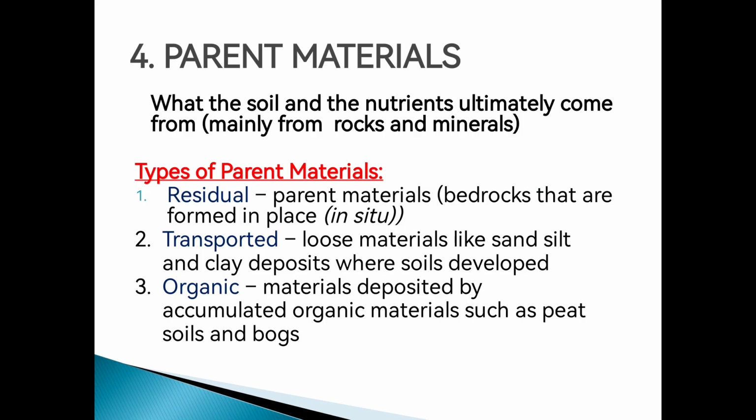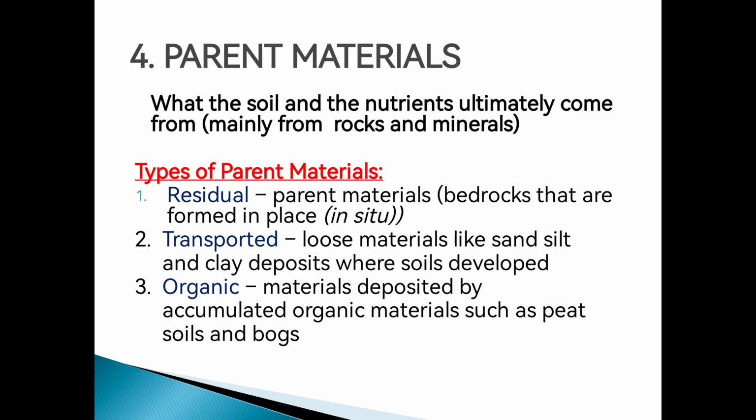So this is a very, very interesting part. Since malaki nga siya, it's a very big topic, hinati ko siya. So this will be the end of this lecture. For the next lecture, we will talk more about the effect of parent material on soil development. And here, we have three kinds of parent materials. We have the residual, which are the parent materials like the bedrocks that are formed in place or in situ.